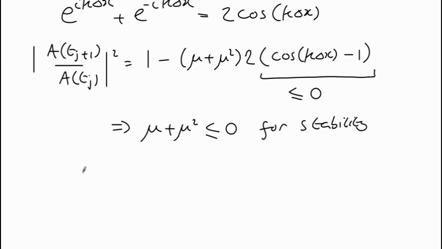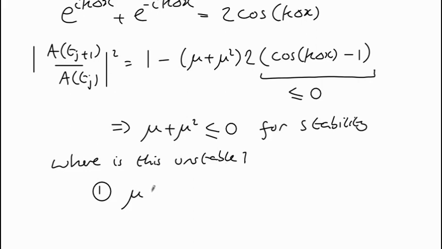So there are a few cases where this is unstable. Where is this unstable? The first case is, of course, if mu is bigger than 0, then it must be unstable.